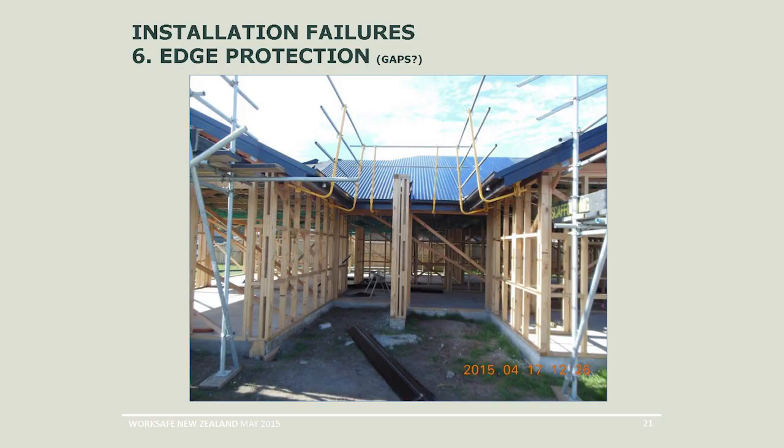Proprietary system edge protection must be continuous. We see a lot of problems in the residential sector, when gable ends are provided by scaffolders and gutter ends are provided by proprietary systems, and they don't meet each other in the corners.